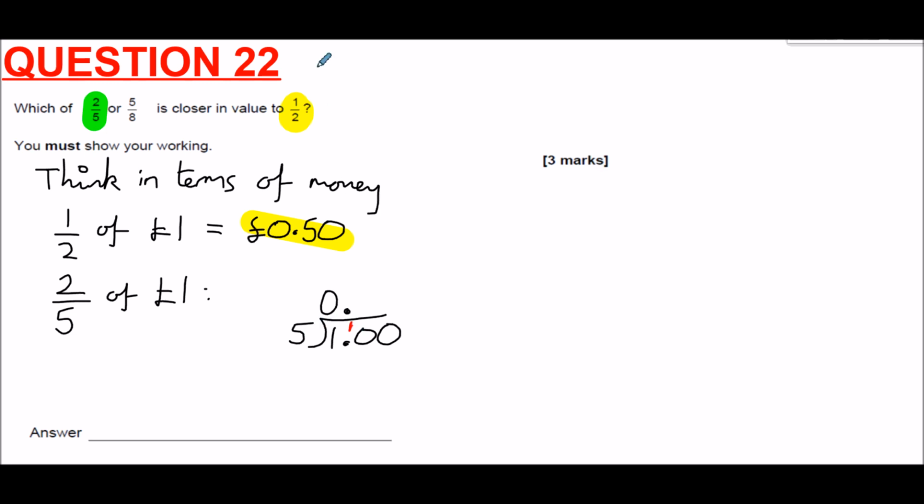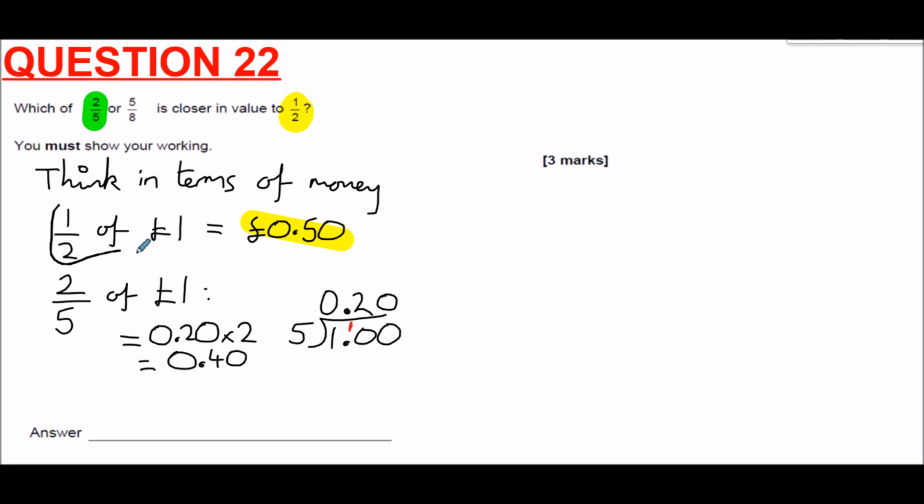Now we have 5s into 10, which goes twice, no remainder, and 5s into the final 0 is 0. So 2/5 of £1. Well, 1/5 is 0.20, 20 pence. So multiply that by 2, and we'd have 0.40.